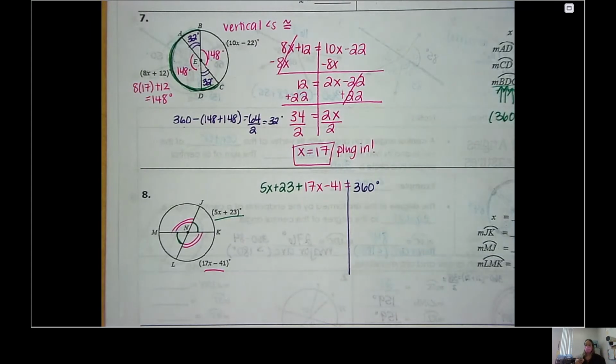Number 1, why would you do 360 minus 21? Because that last one, M, K through L, you can do it 2 ways. You can either add up all the angles together. So you could add up 159 plus 21 plus 159. That's one way to do it.